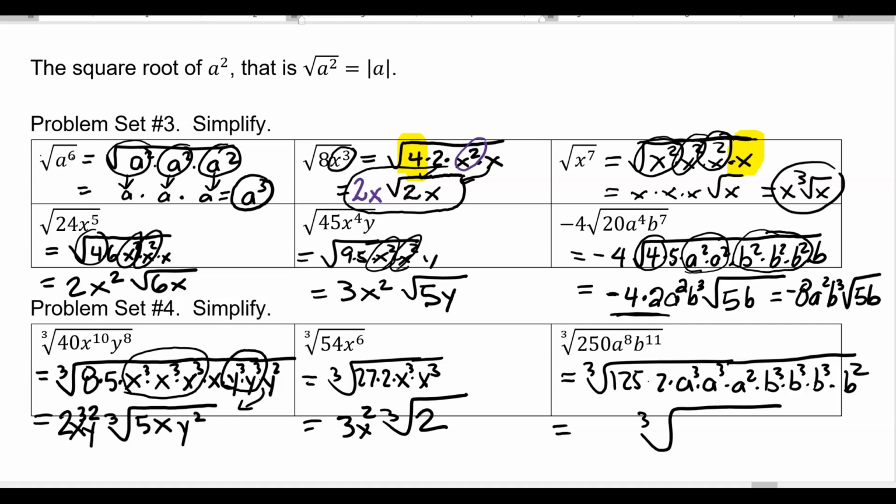The cube root of 125 is 5. Leave your 2 under. Then you have a on the outside, a squared on the inside. So a squared came from this because a times a is a squared. But that a squared stays under. Then you have b cubed that's going to go out here and b squared that stays under.